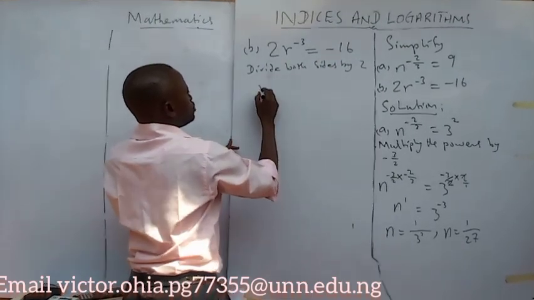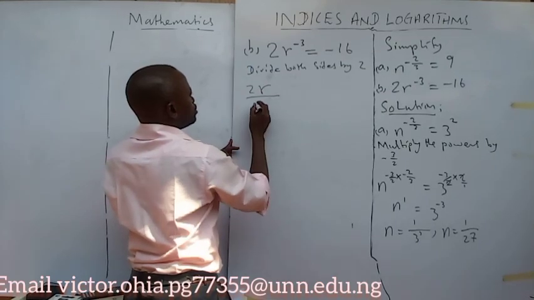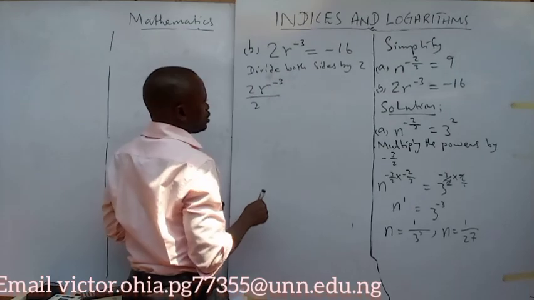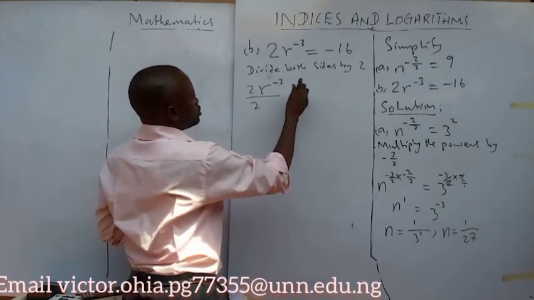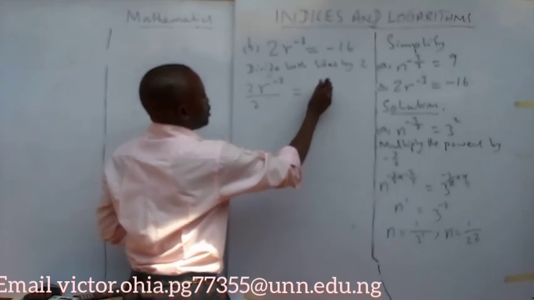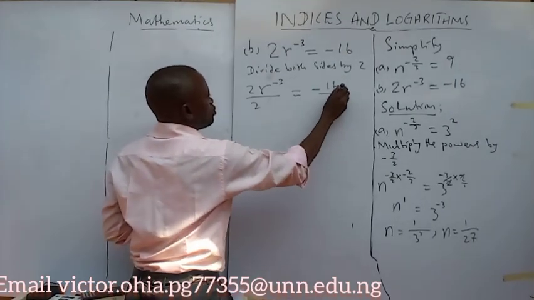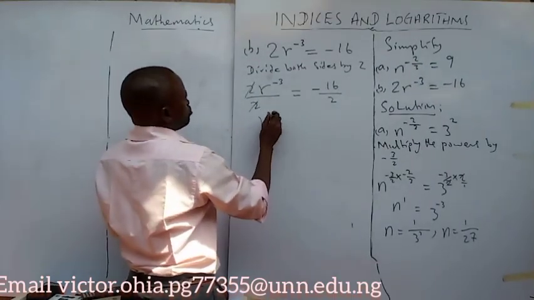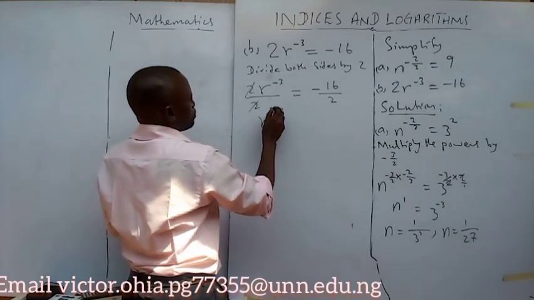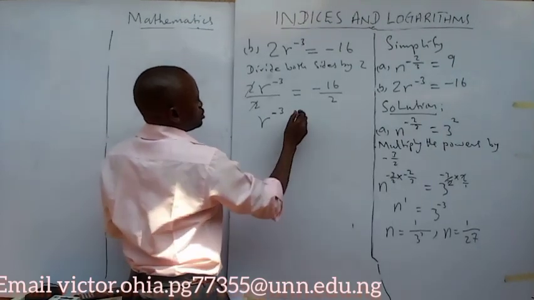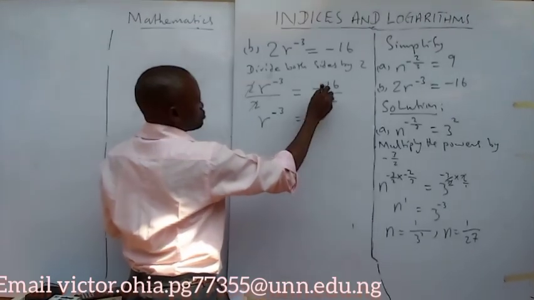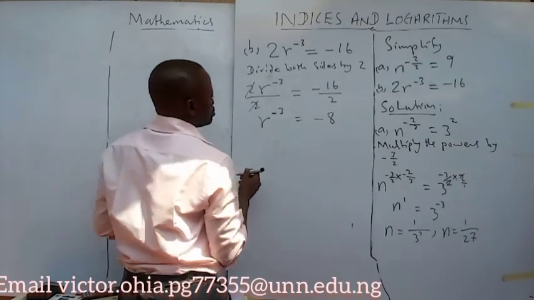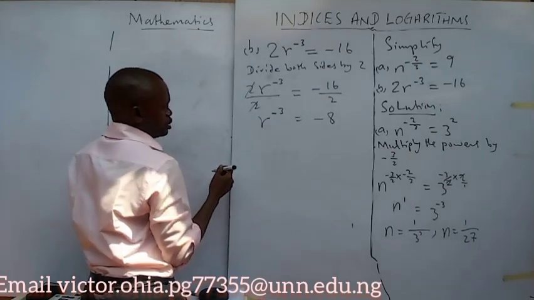Because this is 2 over 2, what will be left is r raised to power minus 3, equals minus 16 over 2. So this will remain r raised to power minus 3, and this is equal to minus 8.